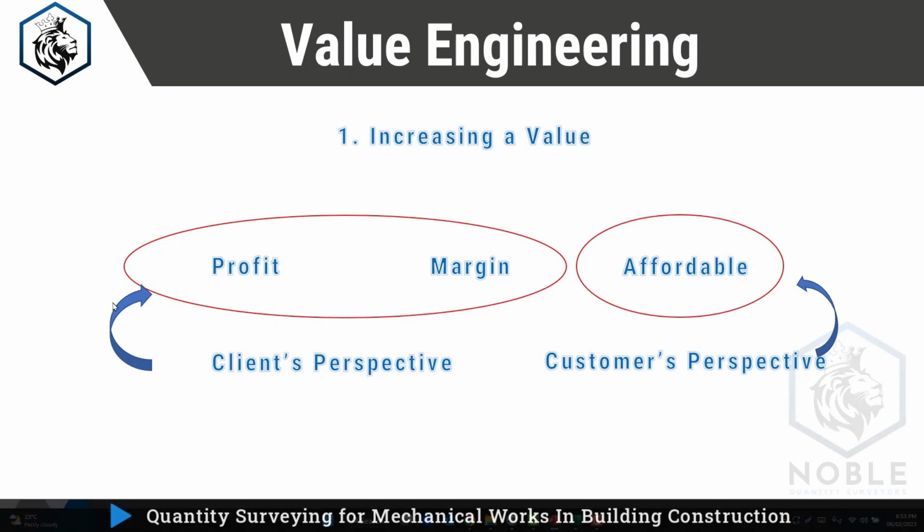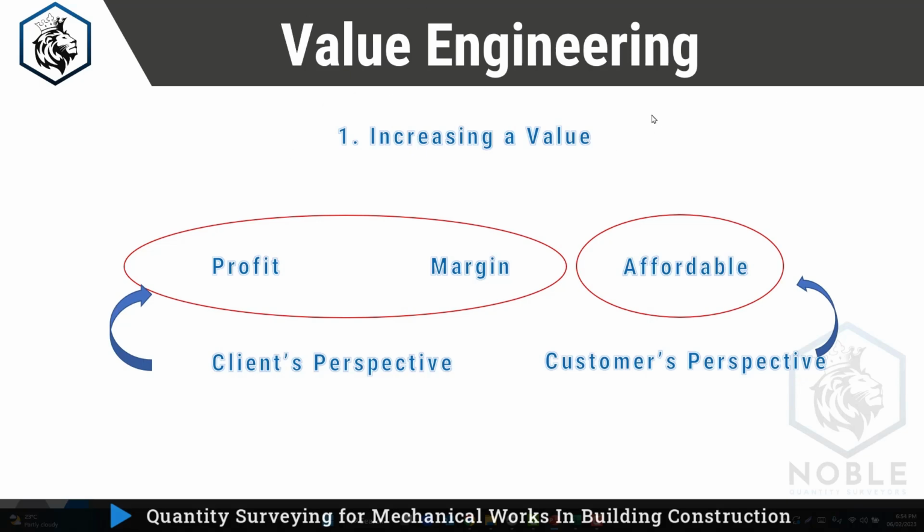Same flat, same area, everything is the same location, but why are there 2 different values? Because of their perspective. Profit and margin, it's a client's perspective. Affordable, it's a customer's perspective. Okay, so based on their perspective, this is called increasing a value.